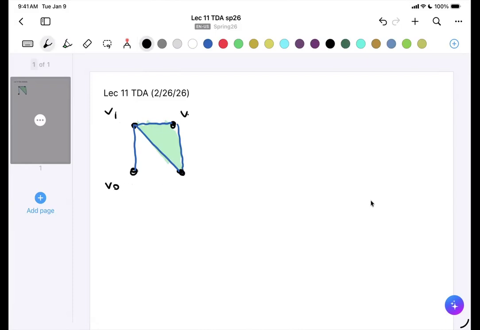If you arbitrarily label the vertices, there's nothing intrinsic about the label that you're using. In this case, I had four: V0, V1, V2, V3.